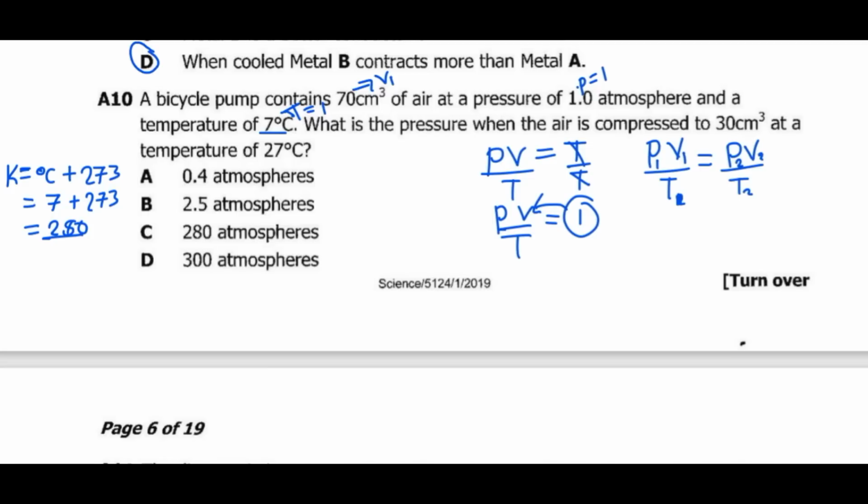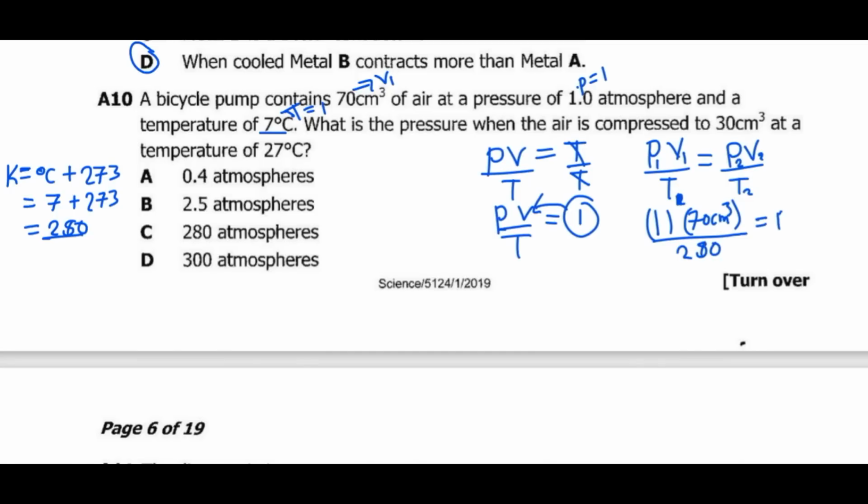So let's substitute. Pressure 1 is just 1. Volume 1 is 70. For volume, it's okay whether it is given in decimeter cubed or centimeter cubed, do not worry about the volume. Then temperature 1, we can say that it's 280, is equal to pressure 2. What is the pressure?